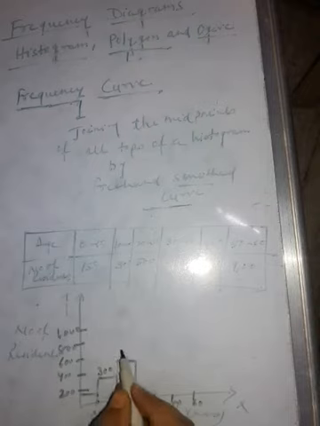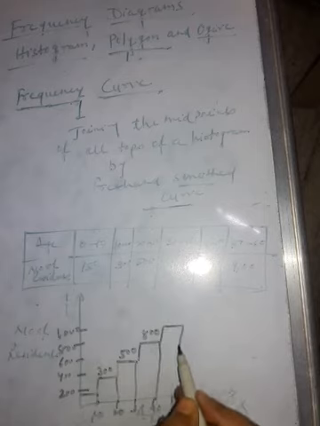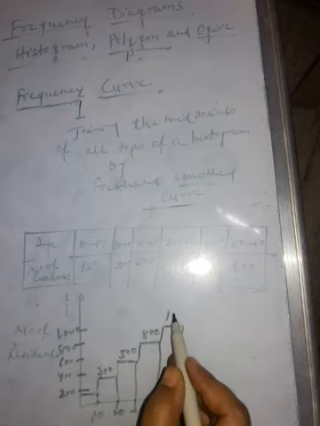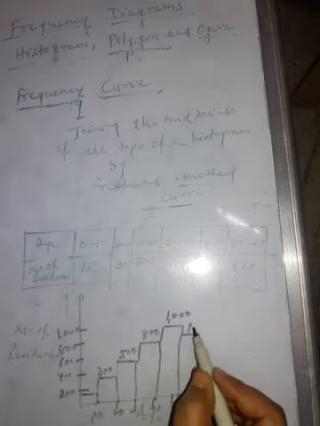Then 500, then 800, then 1000, then 900. That is the histogram of this data.